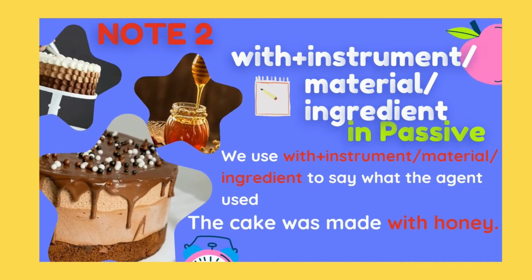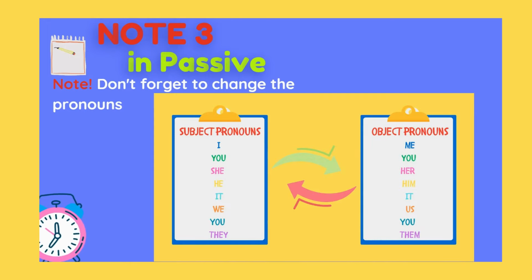Note 3. Don't forget to change the pronouns. Subject pronouns into object pronouns, or object pronouns into subject pronouns. Subject pronouns: I, you, she, he, it, we, you, they.